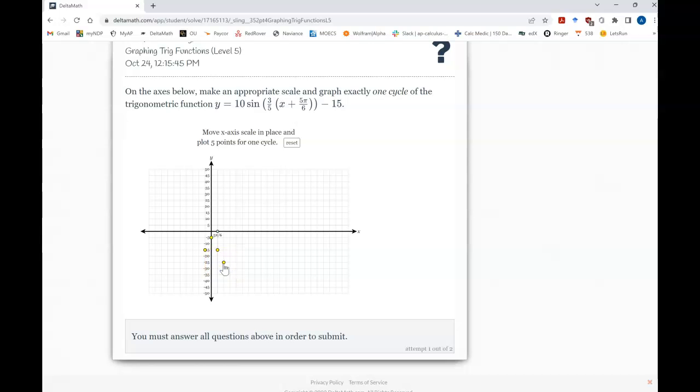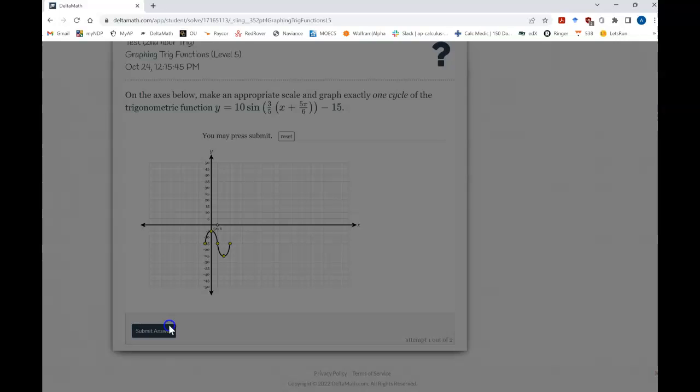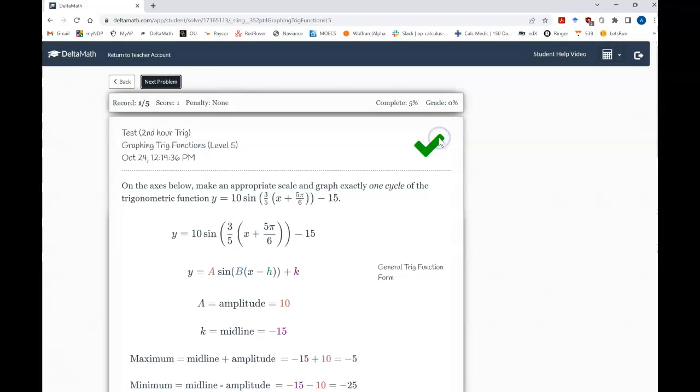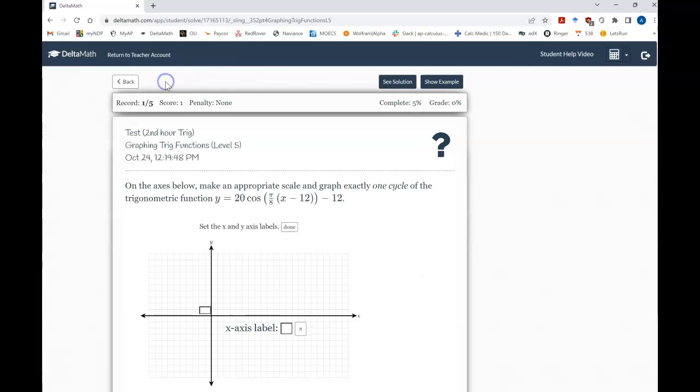And then back to the midline, 1 over 2 up. And then if I hit submit answer, that's good. So the hardest part is getting everything set up, and then from there it's just going right 1 unit and then up or down the amplitude.